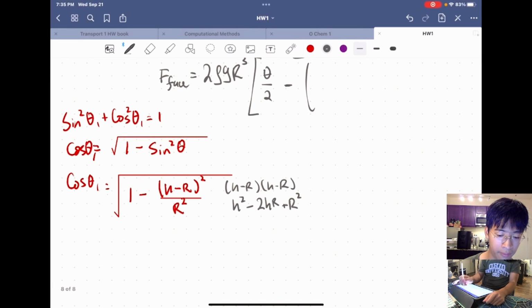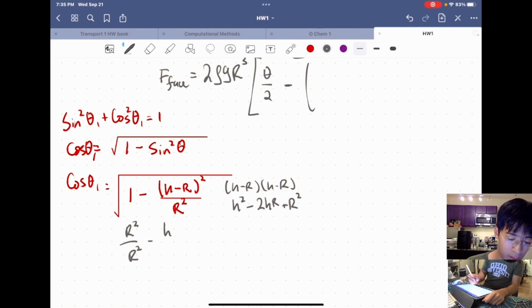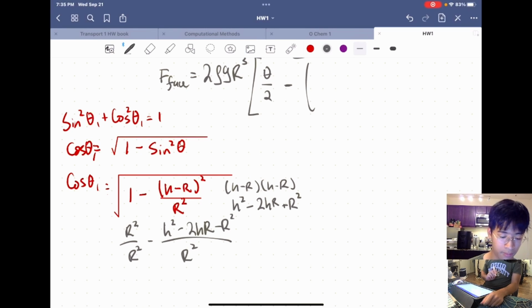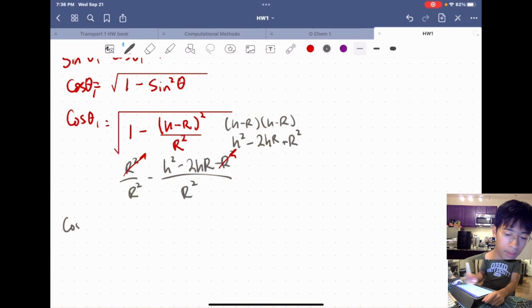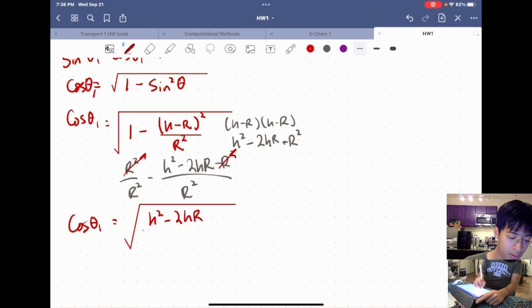Okay, let's do a little math within math here. If I have r squared over r squared minus h squared minus 2hr plus r squared over r squared, well, then these cancel out. So my expression becomes cosine theta 1 is equal to the radical of h squared minus 2hr over r squared.